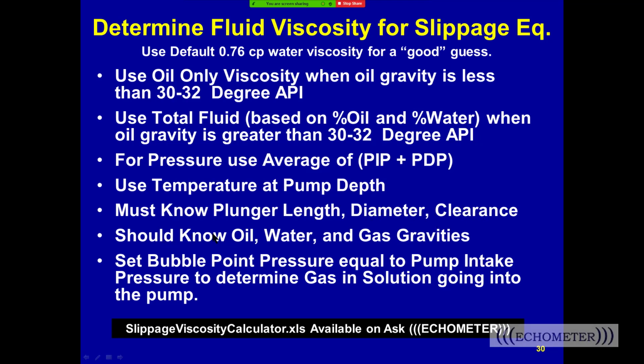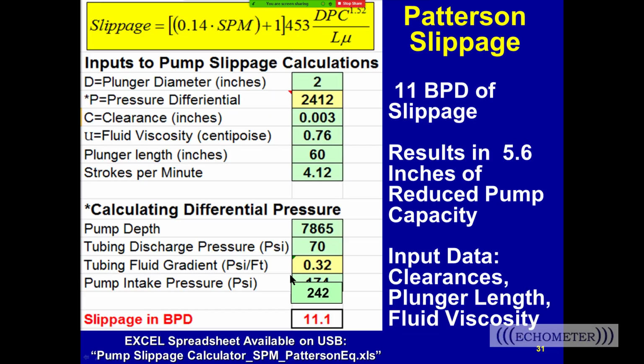You need to know the gravities. And you probably should set the bubble point pressure equal to the pump intake pressure, because the bubble point pressure in this Excel spreadsheet is used to determine how much gas is going to go into solution at the pump. So use the bubble point pressure as a pump intake pressure.